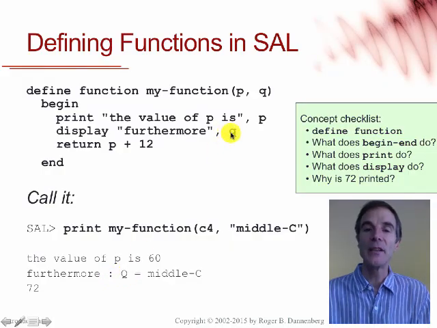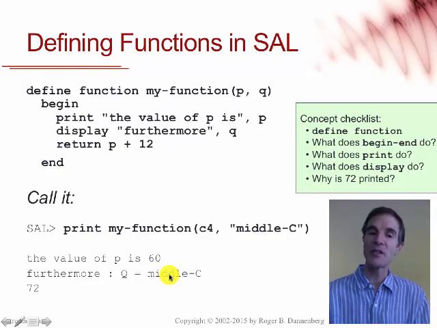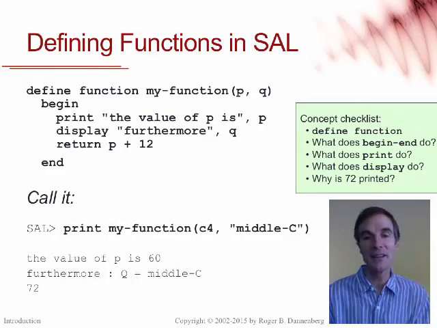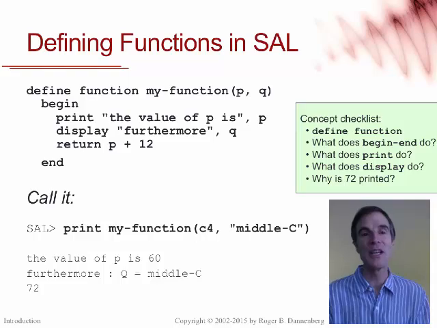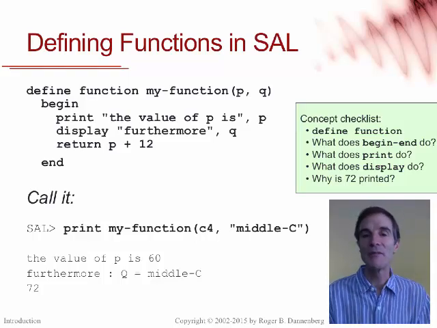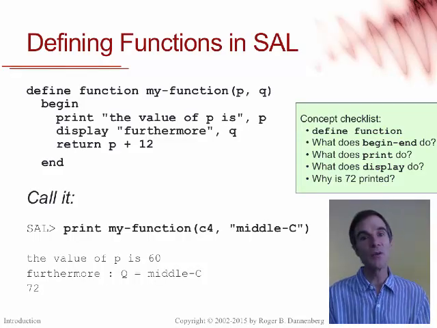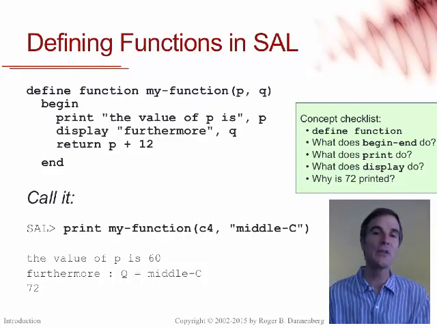And then for each expression in a list, it prints the expression itself without evaluation, so that's Q, and then it prints an equal sign, and then it evaluates the expression and prints that. So this, I think, is great for debugging, because you can just say display something A comma B comma C, and then what is printed is A equals this, B equals that, C equals that.